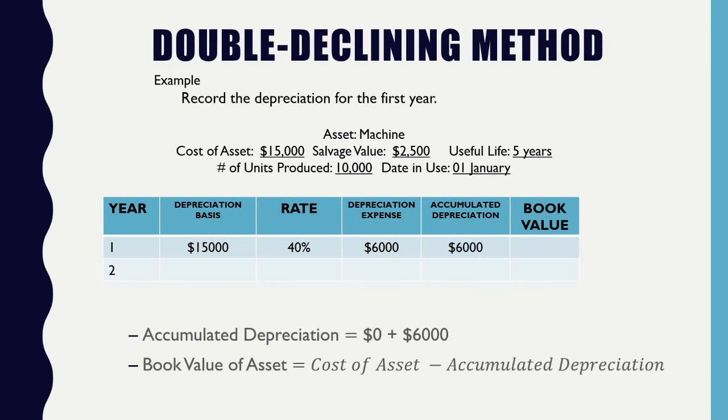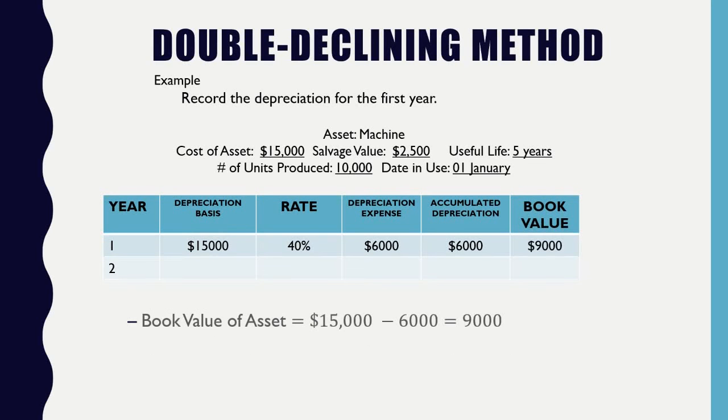Same thing here. It's going to be whatever the beginning of the year, because there is no previous year. So then now I have to calculate my book value, because at the end of year 1, what is my book value actually worth? $9,000. It's going to be worth $9,000. So therefore, the end of year 1's book value is going to be $9,000.